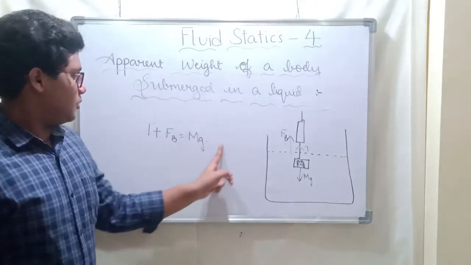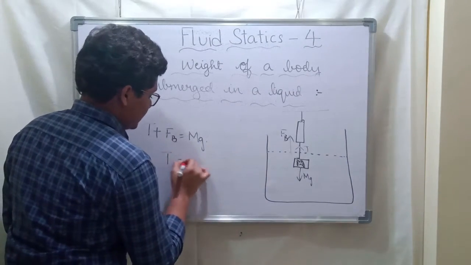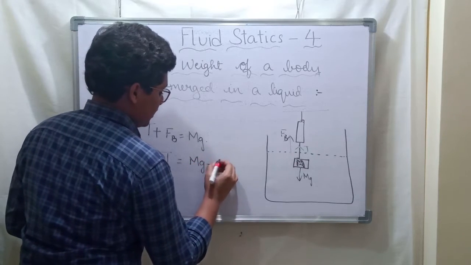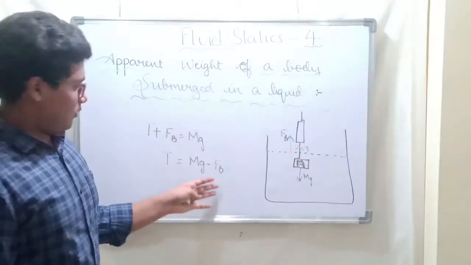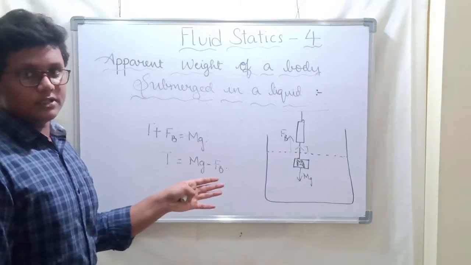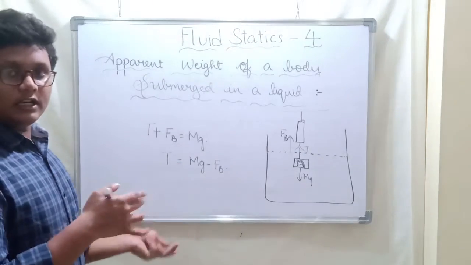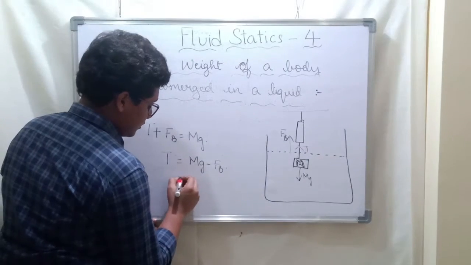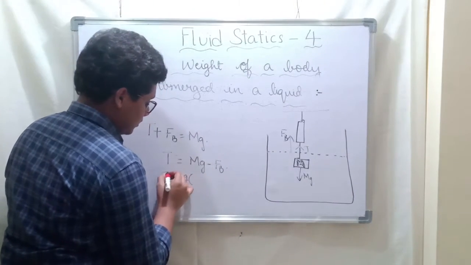We'll transport this FB to this side and T is equal to mg minus FB. We know the force of buoyancy formula: FB is equal to volume into rho into g, density of the liquid into g. So we'll take g common.